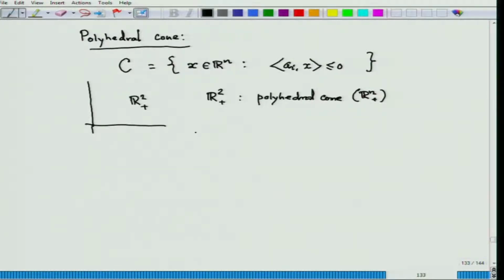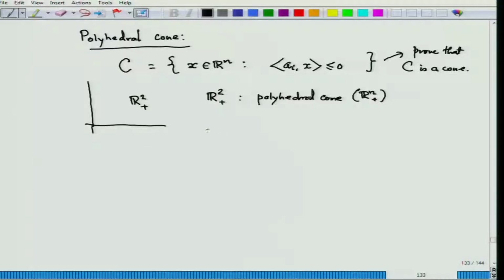Now, you can easily prove that the set C is a cone. On the other hand, there is also another definition which came up in the literature, a finitely generated cone. Let me just draw a few more polyhedral cones.